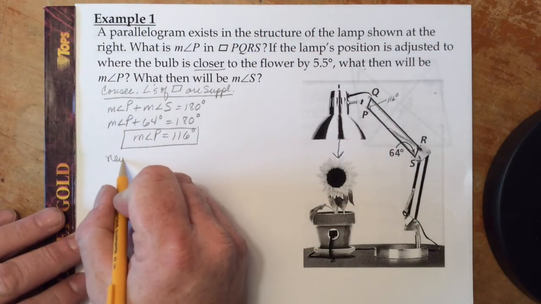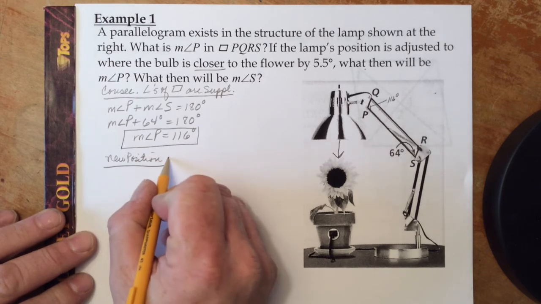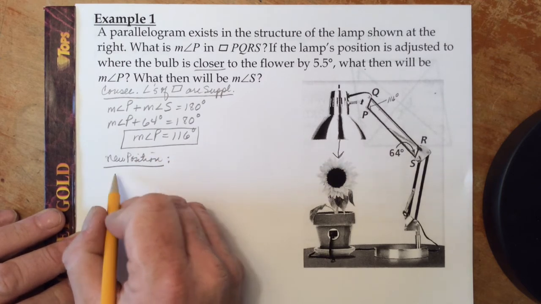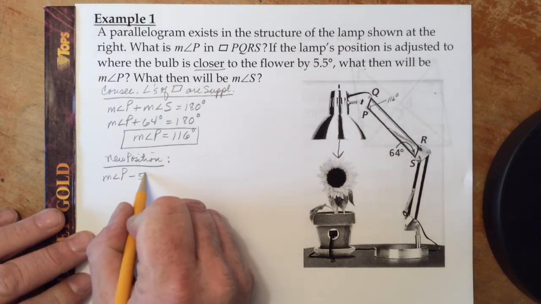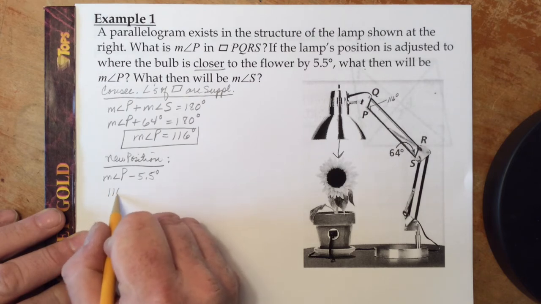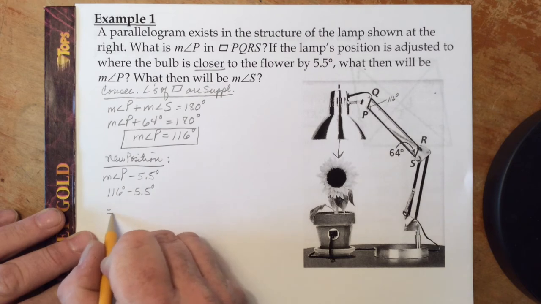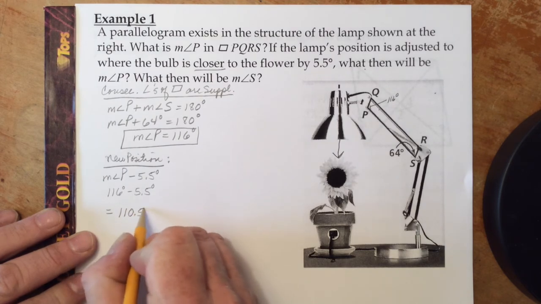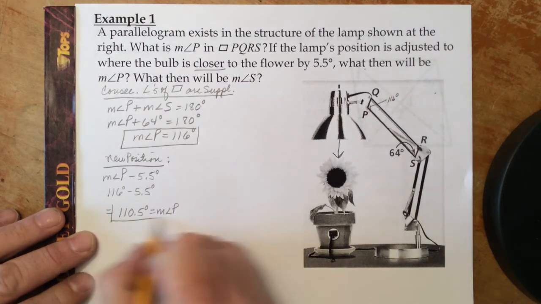So the new position of the lamp after the adjustment is the measure of angle P, its original position, minus 5.5 degrees. So that would be 116 degrees minus 5.5 degrees, which gives us 110.5 degrees as the measure of angle P. This is the new position.